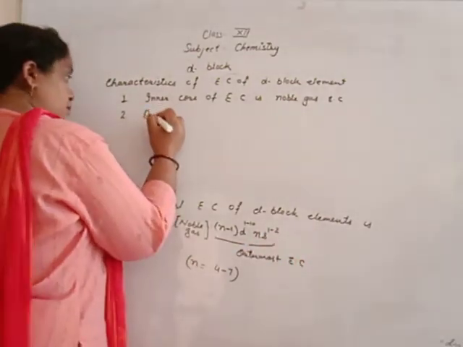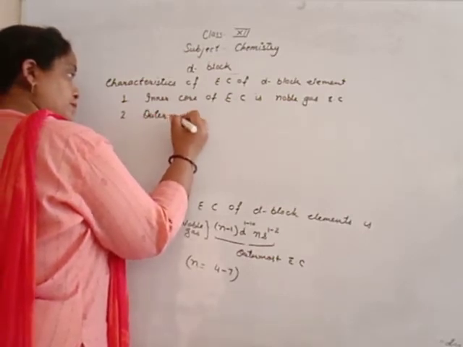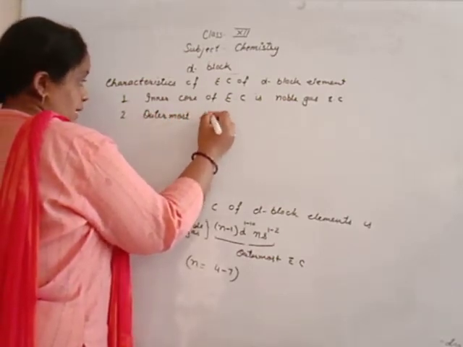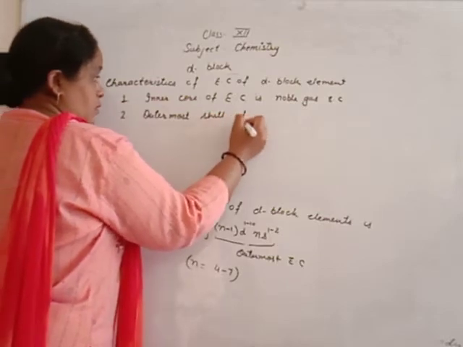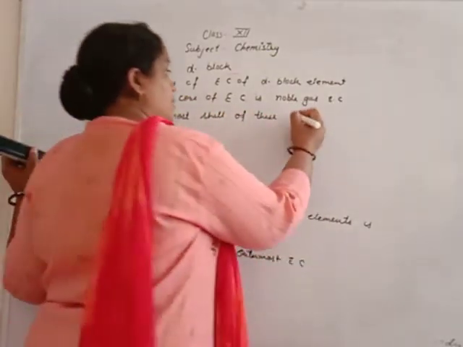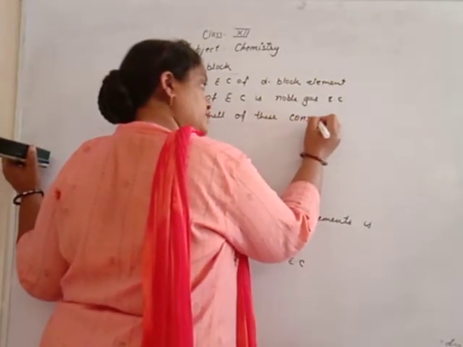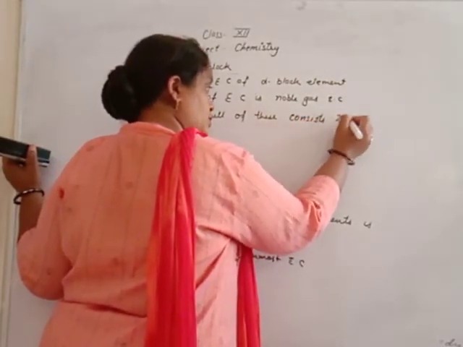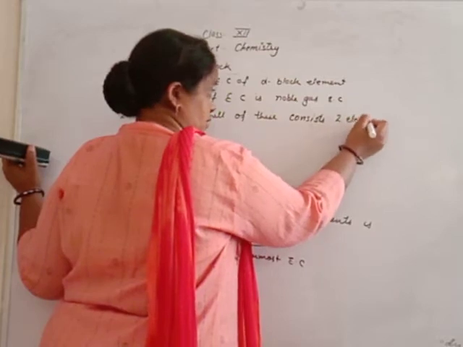Beta, the outermost shell of these elements consists of 2 electrons mostly.